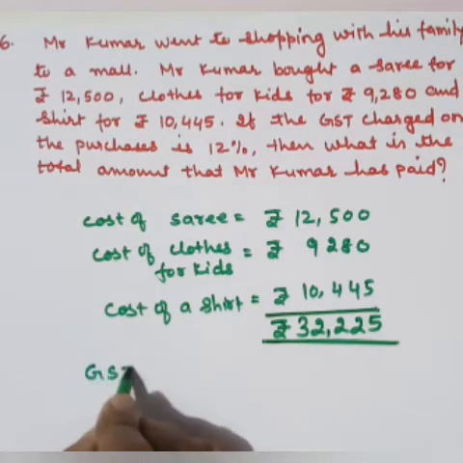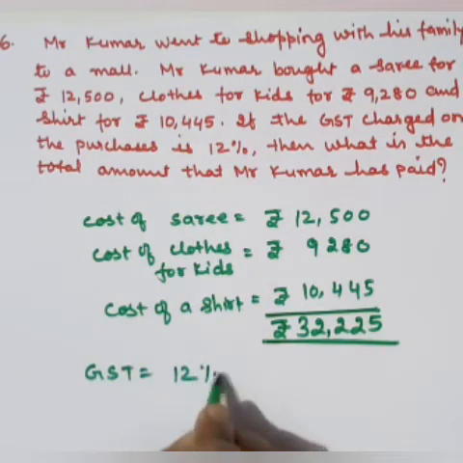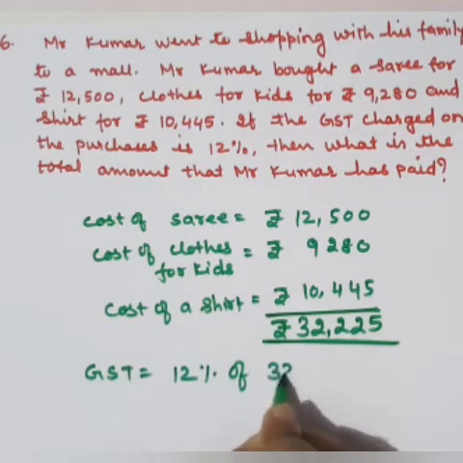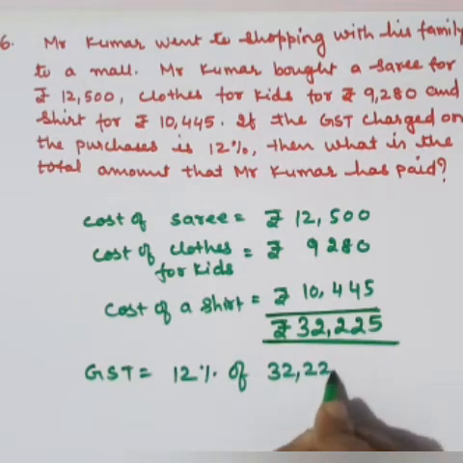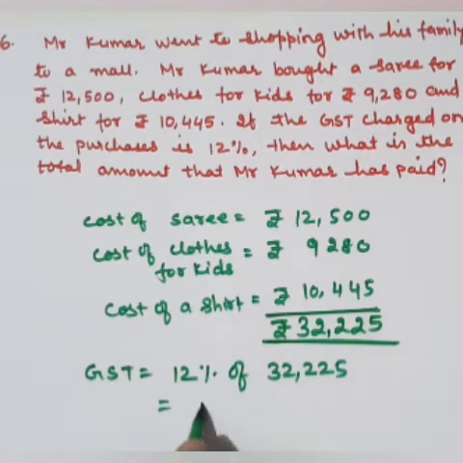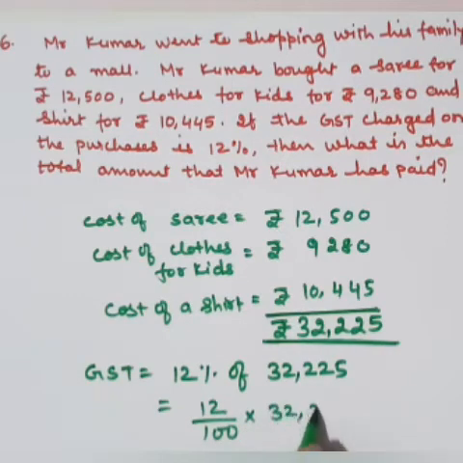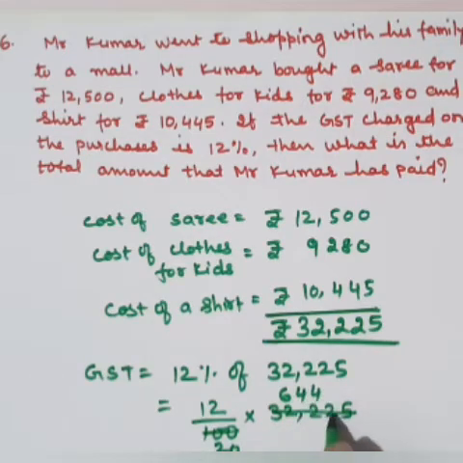GST is equal to 12% of 32,225. So this will be 12 by 100 into 32,225. So cancel it with 5, 5 20s are, and here 5 6 are 30, 22, 5 4s are 20, again 22, 5 4s are 20, 25, 5 5s are 25.